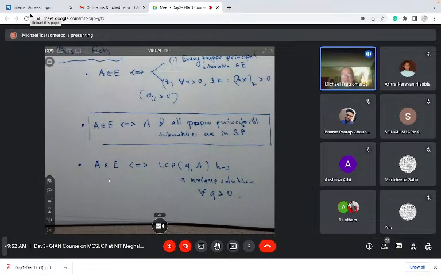A is in P if and only if the LCP of Q, A has a unique solution for all Q, whether it's positive or not. Strict semi-monotonicity is associated with uniqueness of the solution of the linear complementarity problem for positive vectors Q.